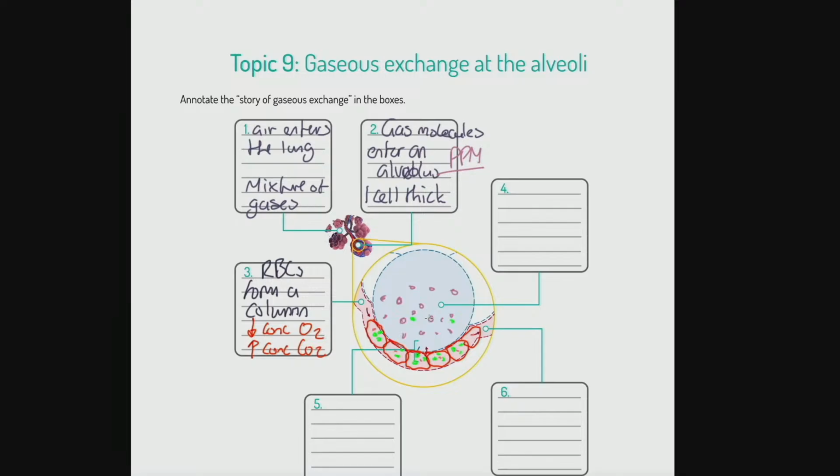So, of course, what do we have over in the alveolus? The alveolus is the opposite scenario, right? We have a high concentration of oxygen, and a low concentration of CO2. Well, what happens? These molecules are bouncing around randomly.